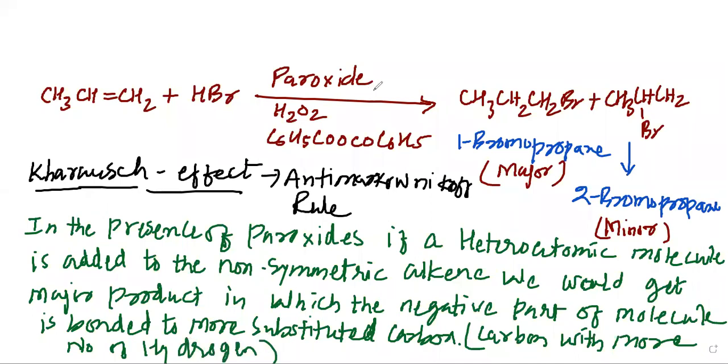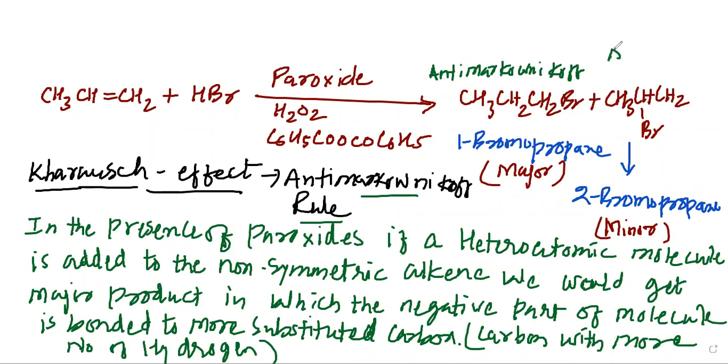So this is what, my dear students, is known as the Kharasch effect or the anti-Markovnikov rule, and thus we get the product which is known as the anti-Markovnikov product.